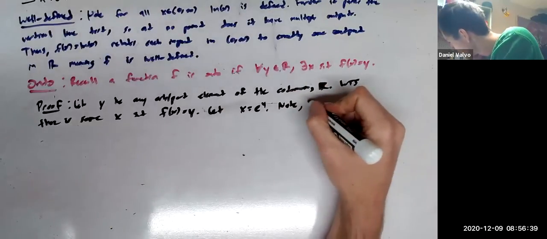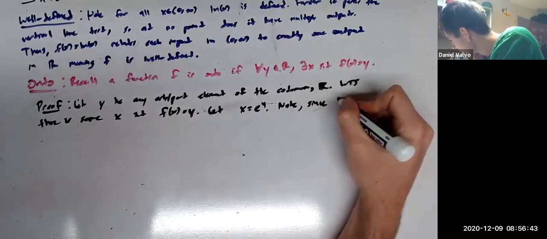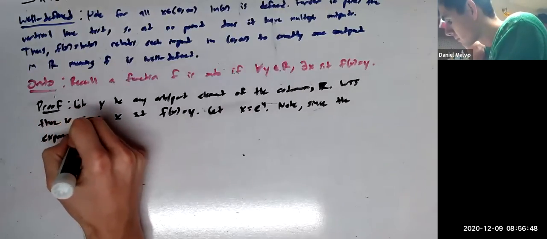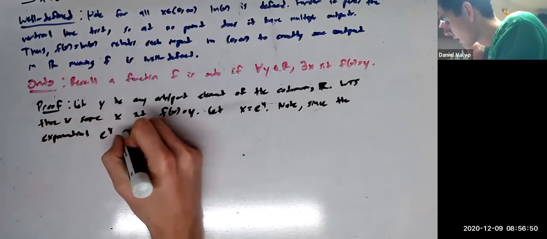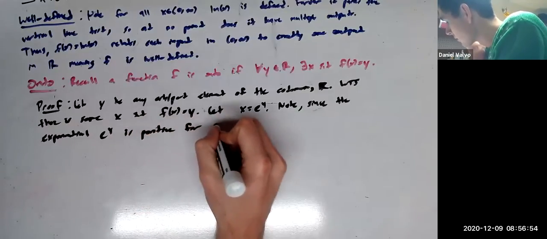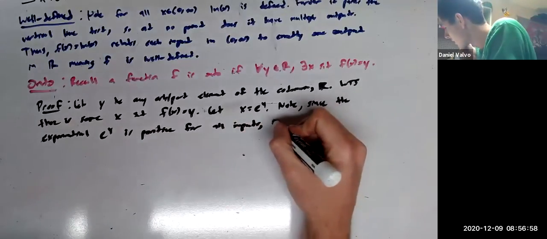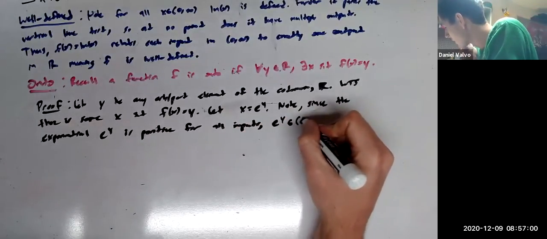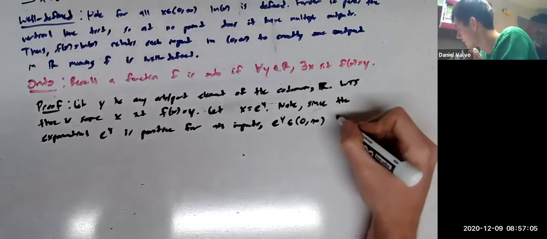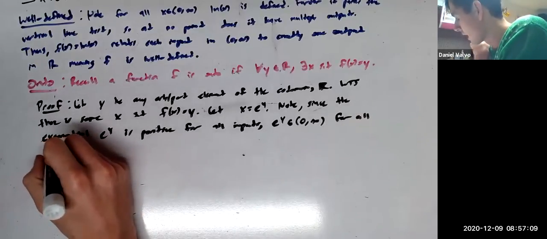Note, since the exponential e to the y is positive for all inputs, e to the y is going to be in 0 to infinity. This is our set of positive numbers for any y.